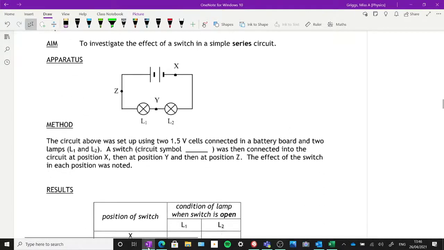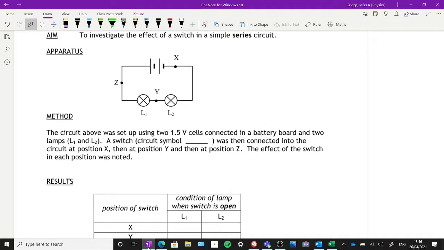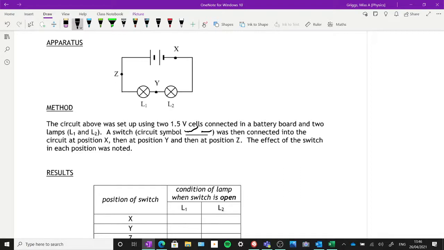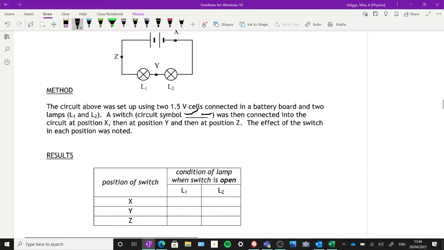So circuit set up above. It's connected. Don't worry about a battery board. And a switch. Remember the circuit symbol for a switch is like an open door. It's connected into X, Y, and Z. So in position X, when the switch is open, which means off, L1 is off and L2 is off.